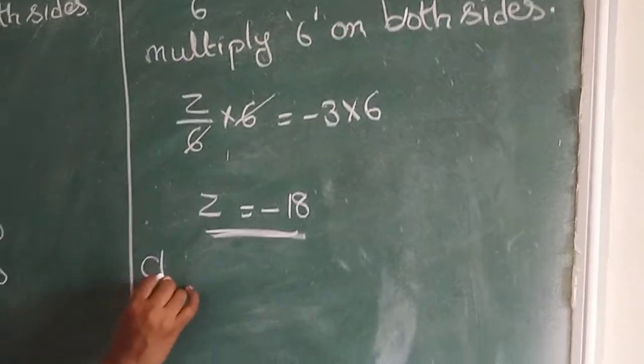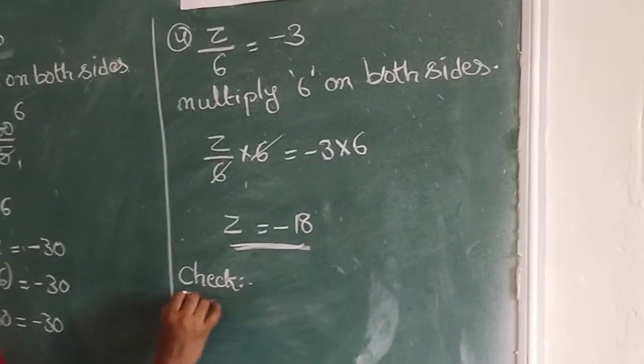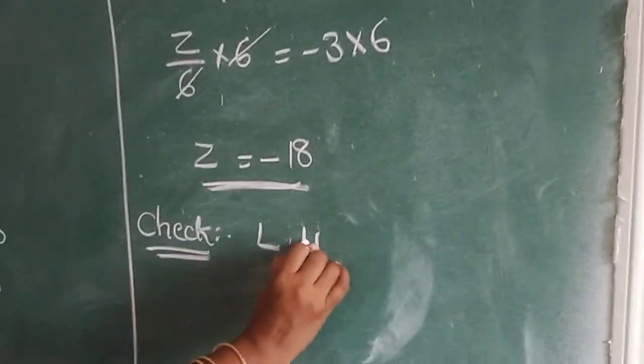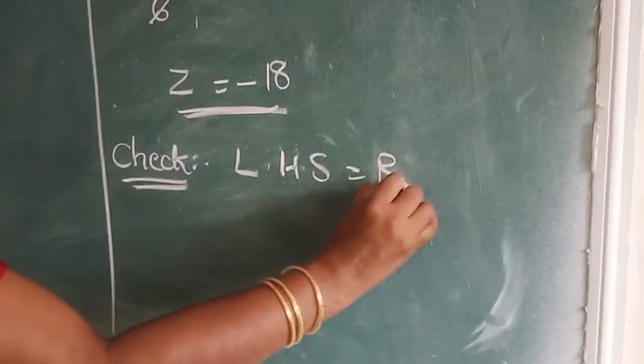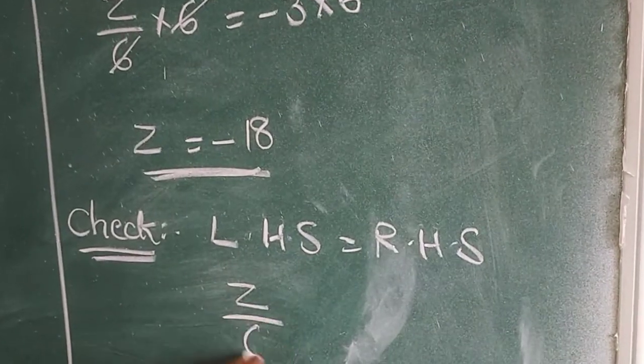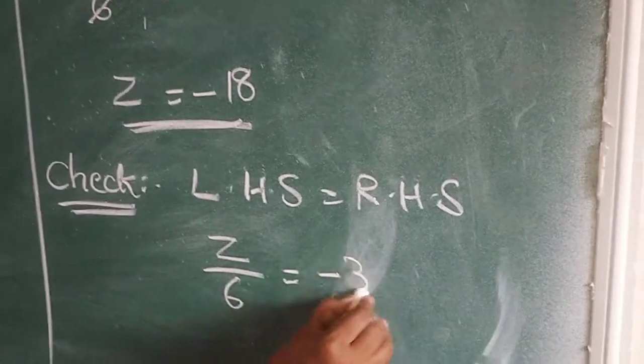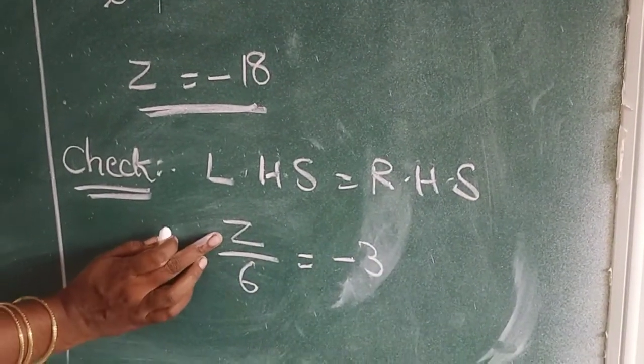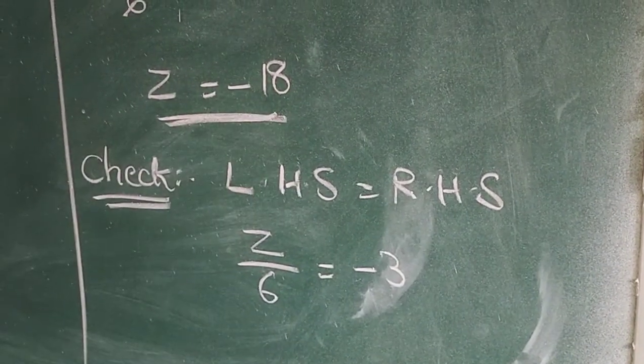Check the equation. LHS is equal to RHS. z by 6 is equal to minus 3, the value of z is equal to minus 18.